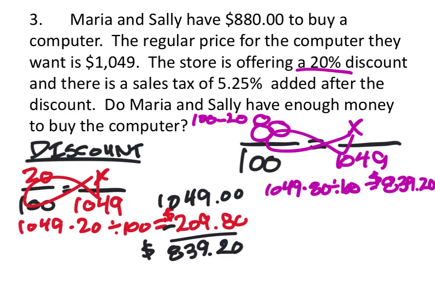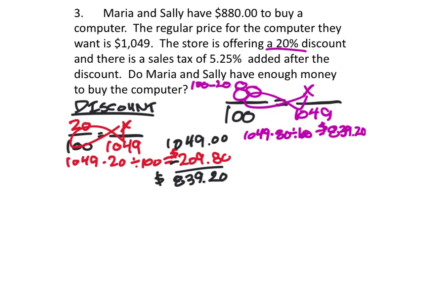And again, we can use that in order to find the tax directly, okay? Now, again, the question is, do they have enough money to pay for the computer after the tax? And they have $880, right? So now what we got to do is look at the tax. And I'm going to use the same method on each side, okay? So on the left, when I find the tax here, I'm going to have to add that to the total $839.20.